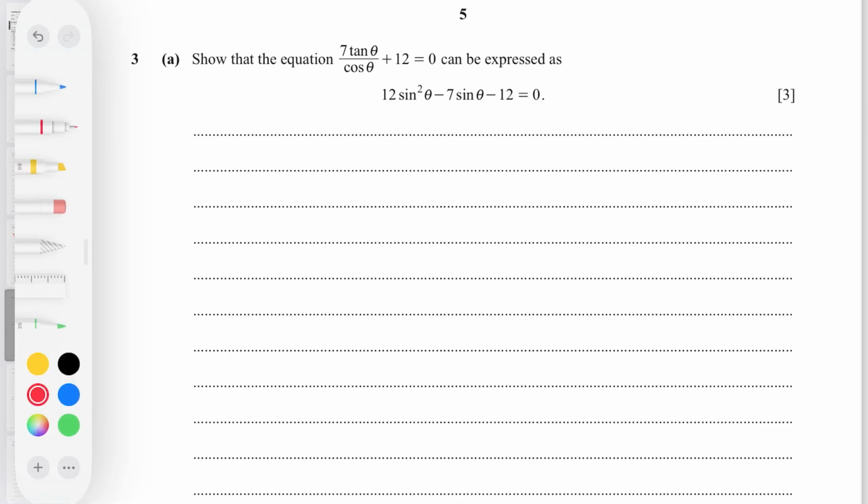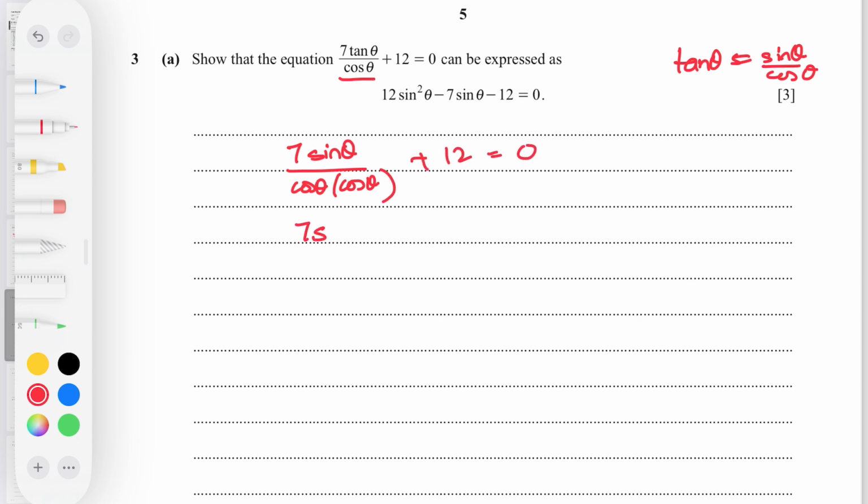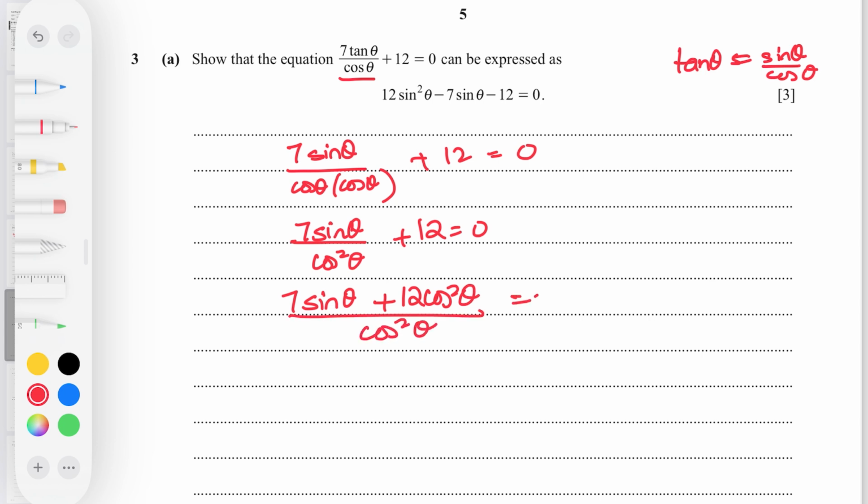Show that this equation can be expressed as... tan theta is sine theta upon cos theta. And there's already a cos theta in the denominator. Let's take the LCM. Equals 0.